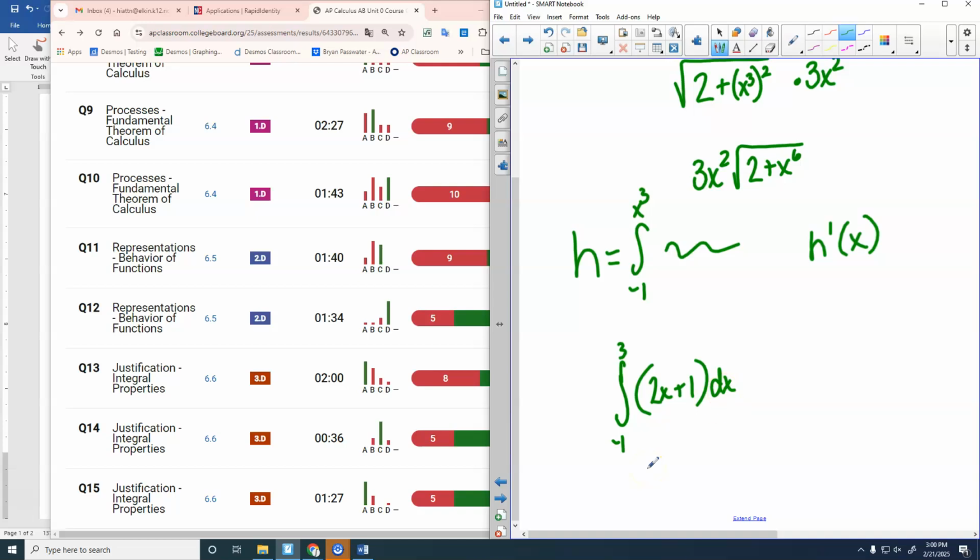It doesn't have that derivative out front, or ask you to take the derivative of it. So you're just integrating there.